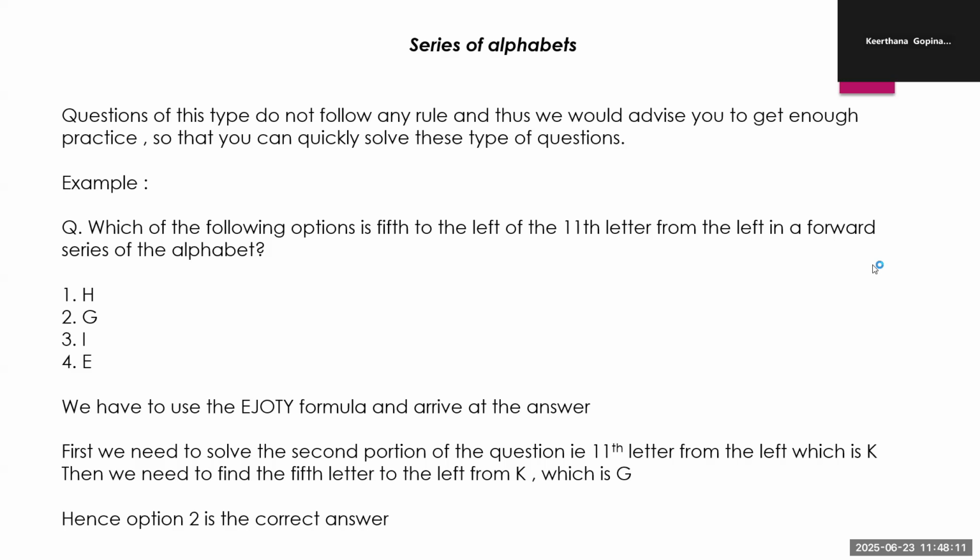So from there, which is the fifth to the left? You have to go towards A when you are going to the left. And the answer is G. Are you getting it? Yes, sir. Understood.